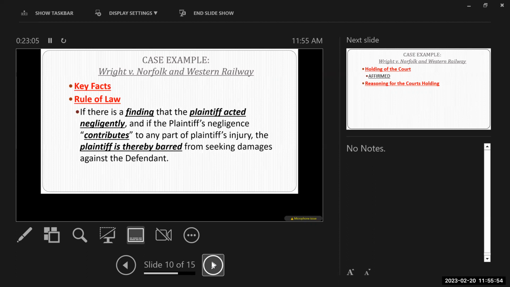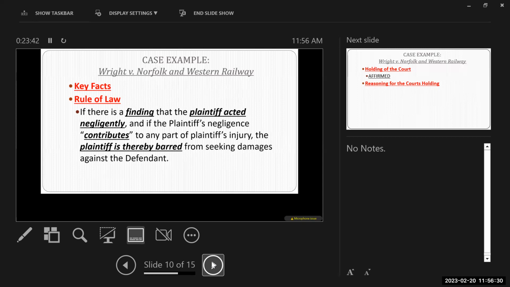We know that the plaintiff, Mr. Wright, was able to establish, yeah, the railway did some stuff wrong, right? The railway could have been more efficient and more focused and more deliberate and more intentional on how they constructed the crossing and how they utilize warning systems to protect those having to cross the crossing that weren't trains, right?